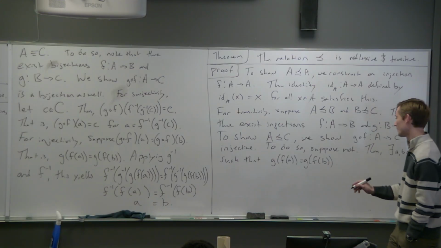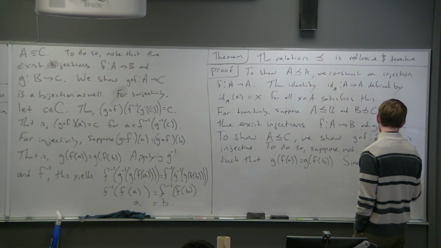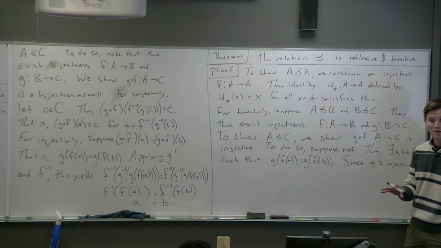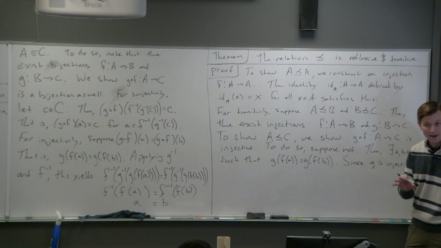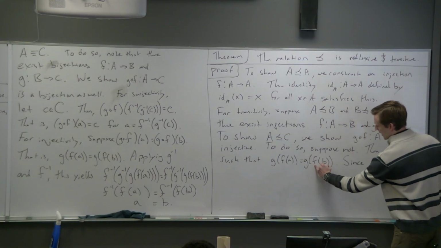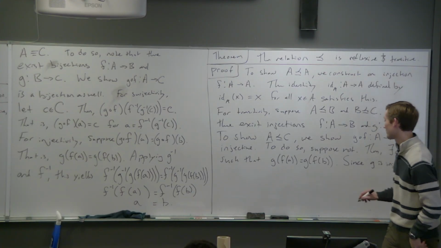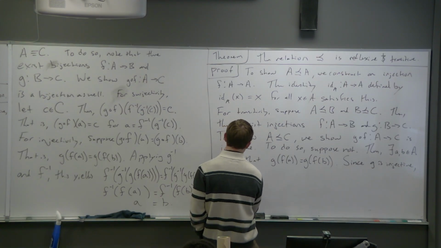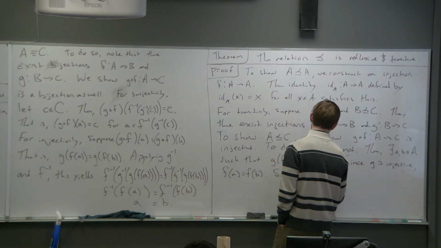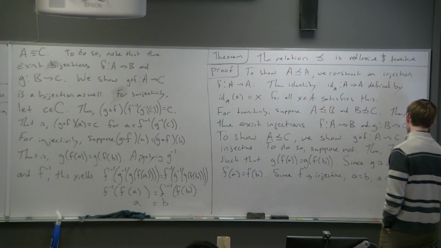Now, since G is injective, what does that mean, by the way? If G is injective, that means that if G of x equals G of y, then x equals y, yeah? So G of thing equals G of thing, hence those things are equal. Since G is injective, F of A equals F of B. Since F is injective, A equals B, a contradiction.